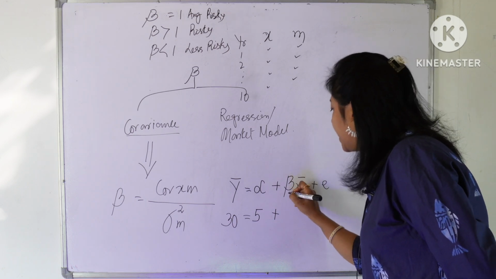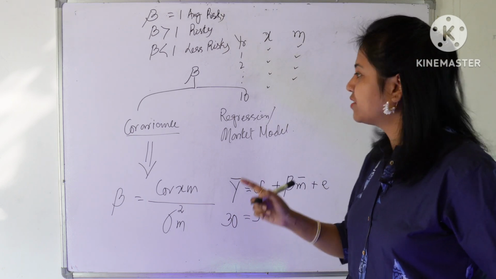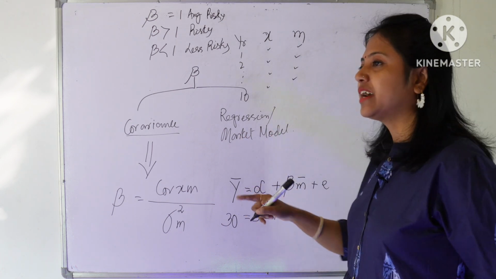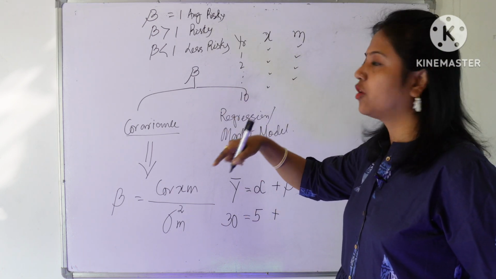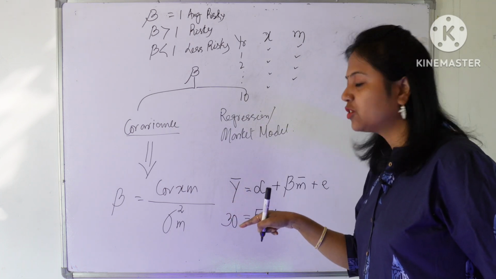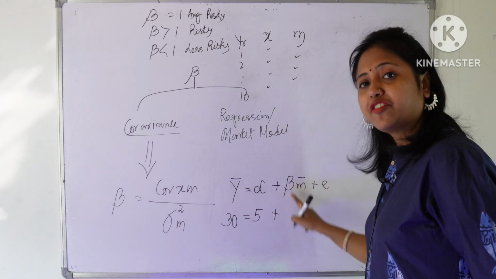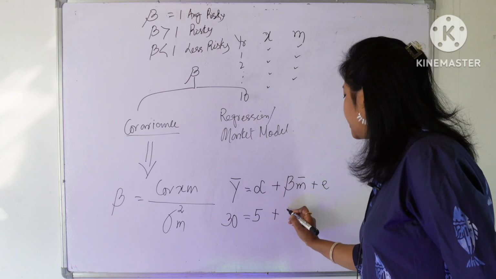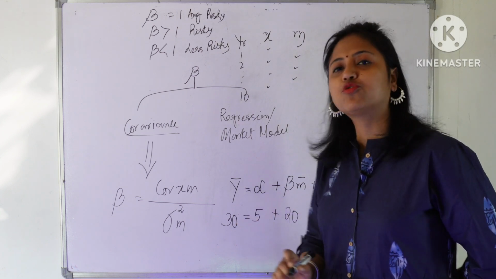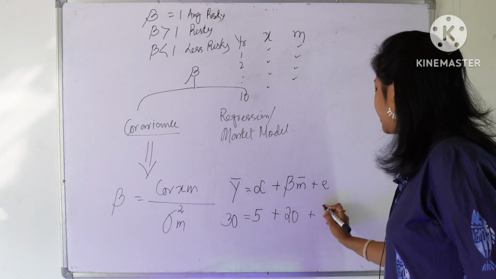It will be multiplied by the beta of the security, because as we have seen in the last video, beta will be either equal to 1, greater than 1 or less than 1. We place the value of beta of that particular security multiplied by the average market return. Suppose I get here 20. So 20 plus 5, 25, and the rest is because of the error term.